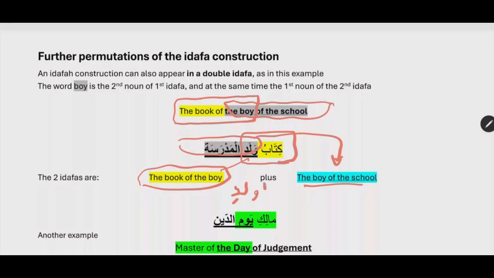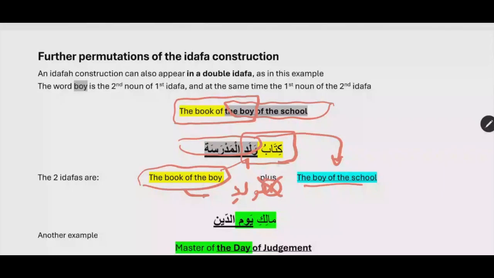So by changing it like this, you get the sense that this word walad should have had an al because of the normal way of kitabul waladi for this first idafa. But because walad plays both roles, being the second noun of the first idafa as well as the first noun of the second idafa, what happens? We said the first noun can never take an al. So this al that should have been there disappears. Then you have kitabu waladi, and then al madrasati.